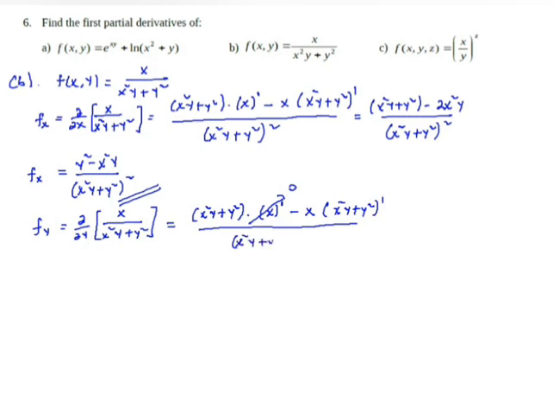So this becomes minus x into (x square plus 2y) over (x square y plus y square) the whole square. This is the partial derivative of f with respect to y.